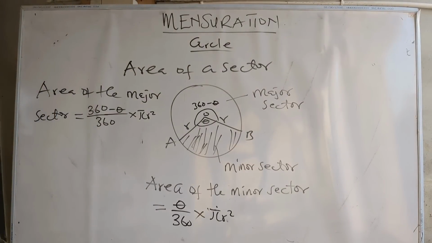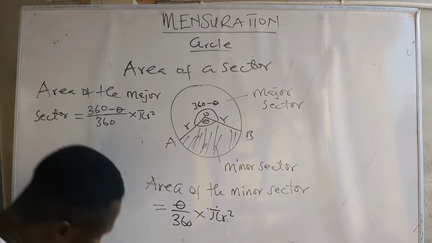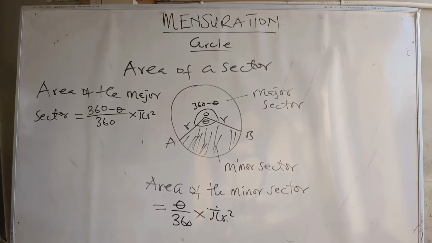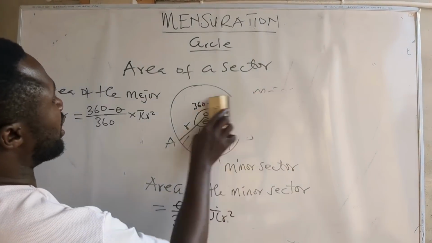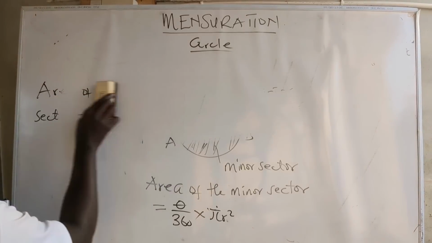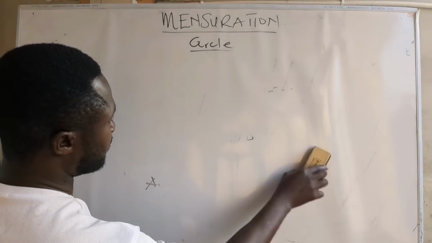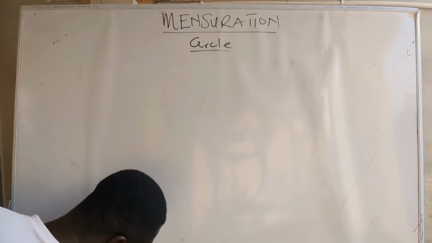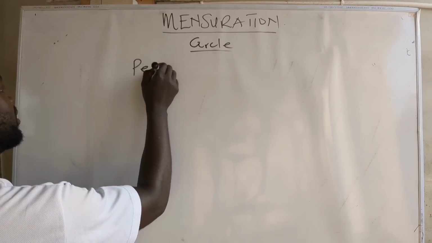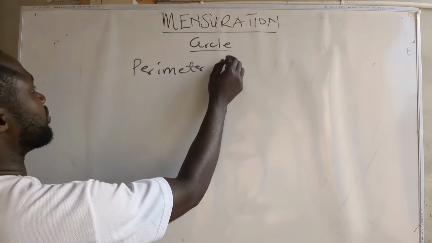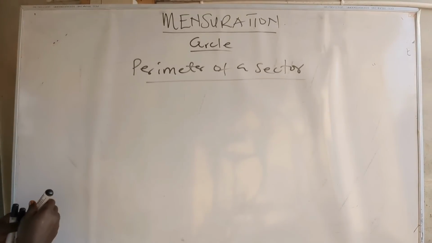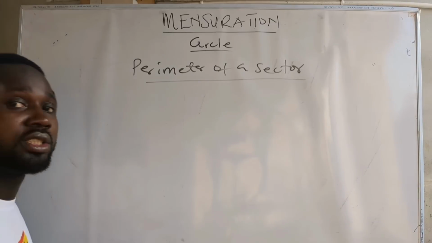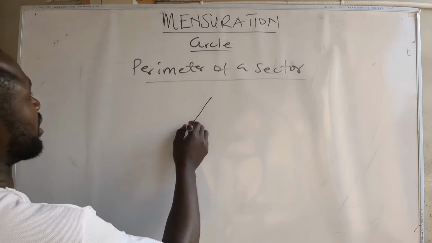Okay, and now let's look at the perimeter of a sector. I believe you got this one, so I can clear. So what is the perimeter of a sector?